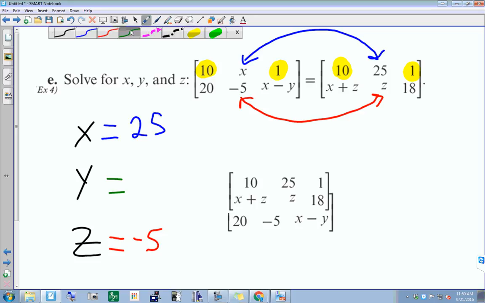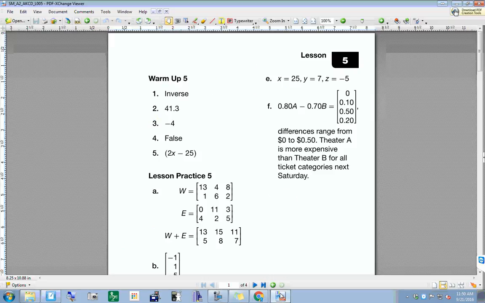So now, y is the only one that shows up over here, so x minus that, 7, makes a heck of a lot more sense, doesn't it? There are days. But does 25 minus 7 equal 18? That makes a ton more sense. Always helps to actually pay attention to what you do. Right?